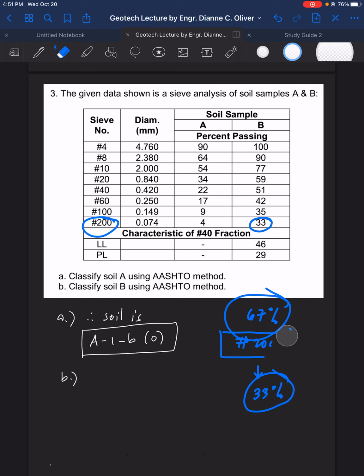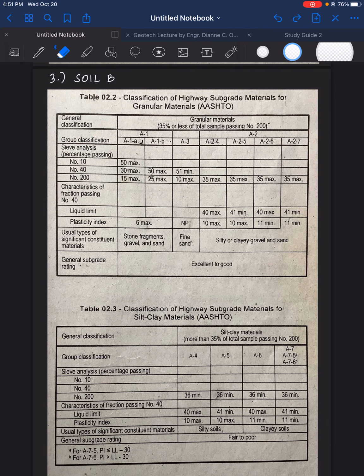What can we conclude? It is a coarse-grained material, meaning there's much greater mass retained compared to what passes. Okay? So we are going to also read here 33. 33 is belonging here, 35% or less. Because here we have more than 35, therefore we are using granular material. Next, let's observe number 10.